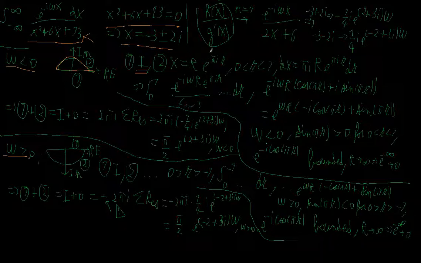And now we will try to prove that this part number 2, so the part along the circular axis, vanishes as our radius r gets larger and larger, okay. So we'll let again x be equal to r e to the pi i t, and t be between 0 and 1, okay, again because if t is between 0 and 1, this is half a circle, and that's what you want.